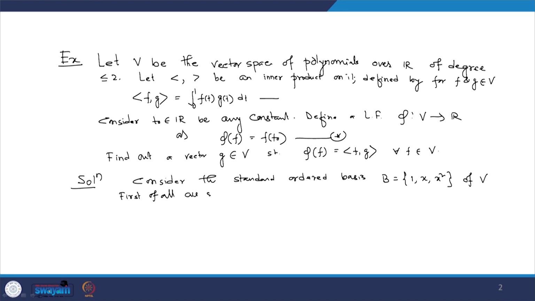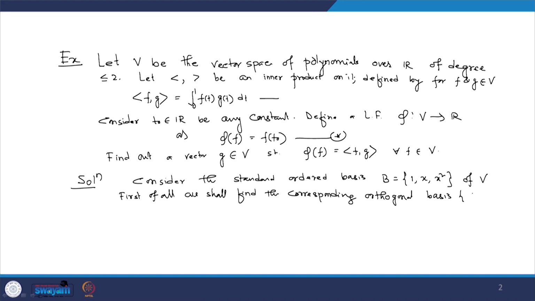We shall find the corresponding orthogonal basis, say alpha 1, alpha 2, alpha 3.